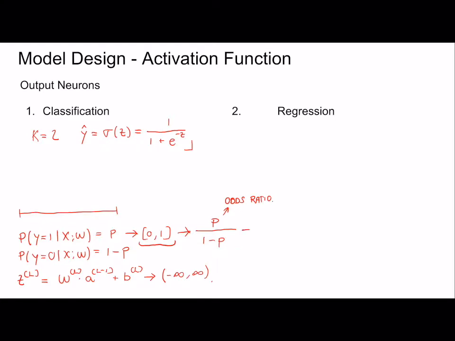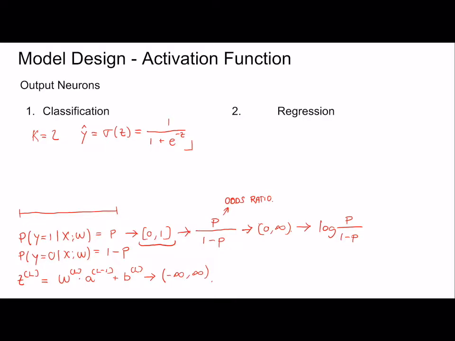And this is good because now this value goes from 0 to infinity. But we're not quite there yet because we want our range to go from minus infinity to infinity. So what we could do is take the log of this odds ratio. So we have the log of p over 1 minus p.